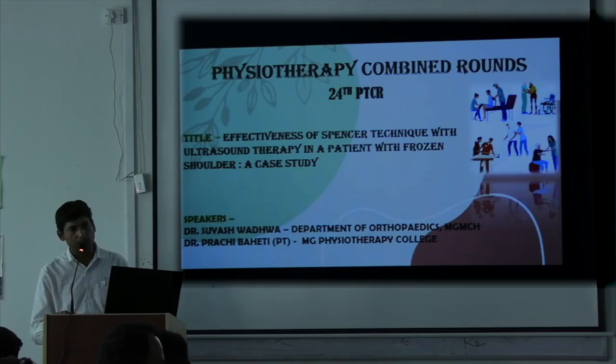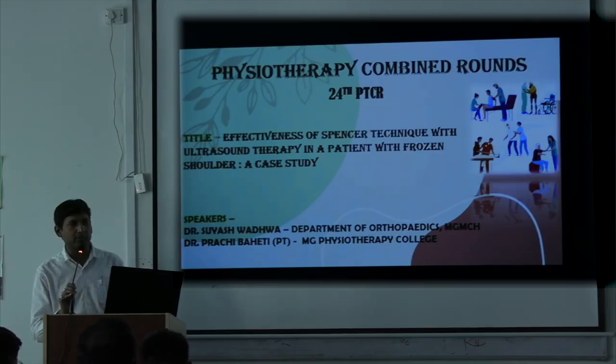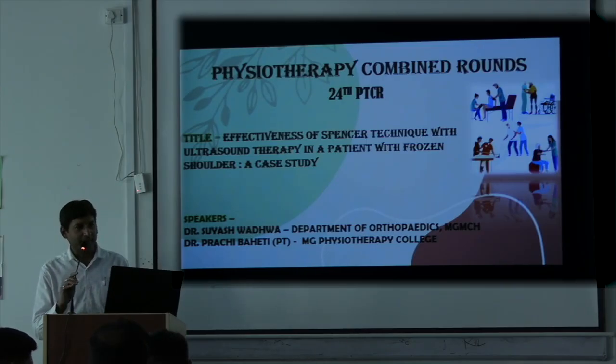When we mobilize the shoulder joint beyond the restrictive range, it will open up the shoulder and improve the range of motion, with oscillating movement, because of the mobilizing effect of the Spencer technique. Instead of using the Spencer technique, we could use other things like Maitland mobilization. Why are you using this one?